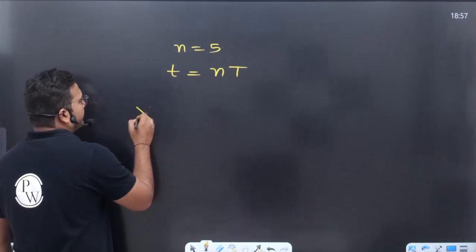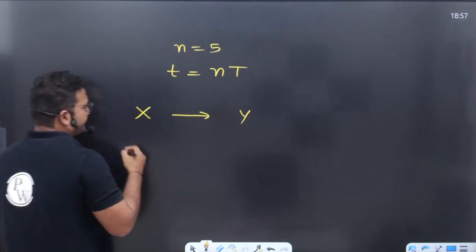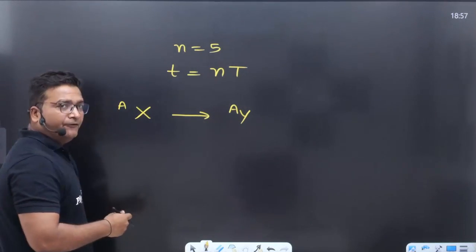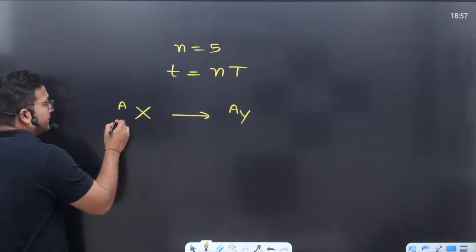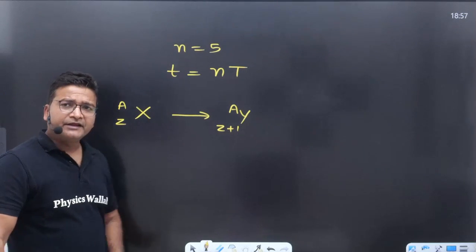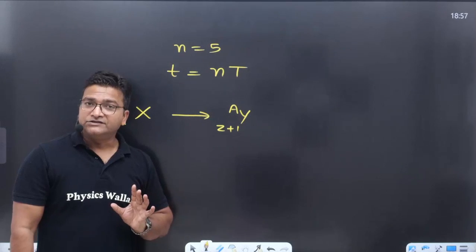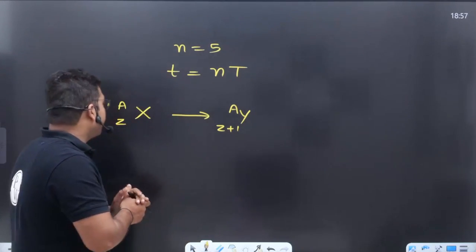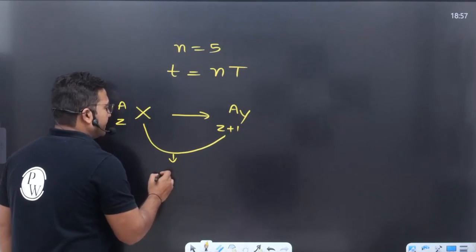As you know, when a nucleus X decays to Y by beta decay, the mass number does not change. If beta decay is a beta minus decay, actually the atomic number increases by 1. And if it is a beta positive decay, the atomic number decreases by 1. Always remember. But mass number remains unchanged, because the total number of nucleons remains unchanged. So that is why if mass number is same, the pair XY is an isobar.